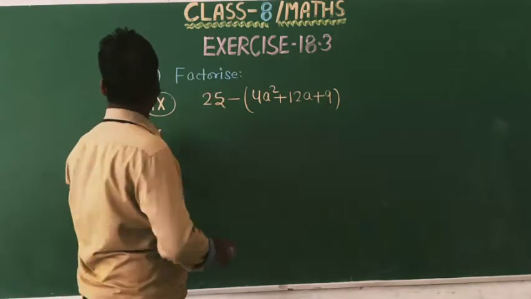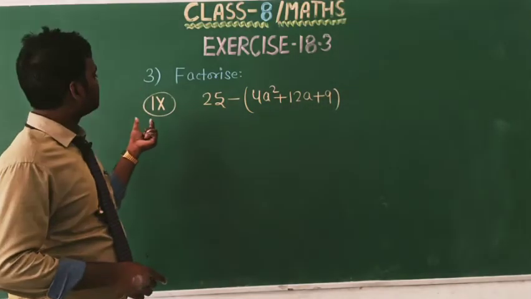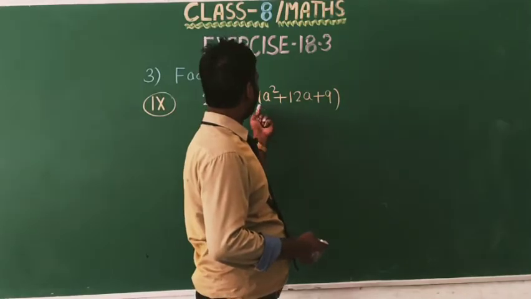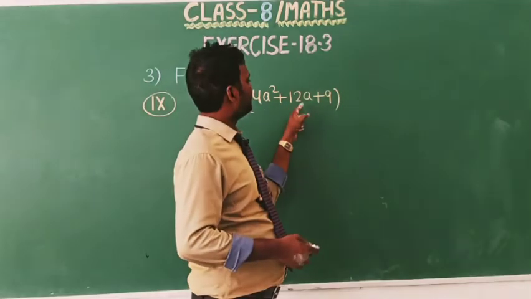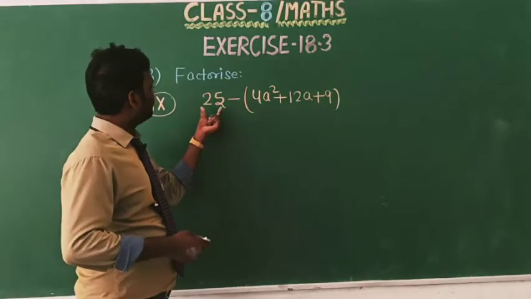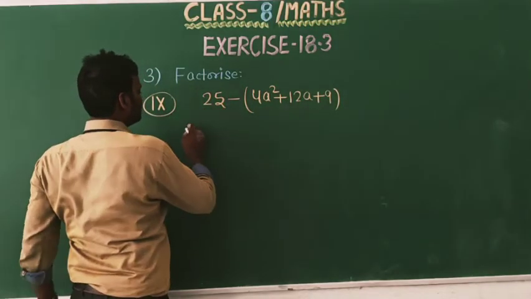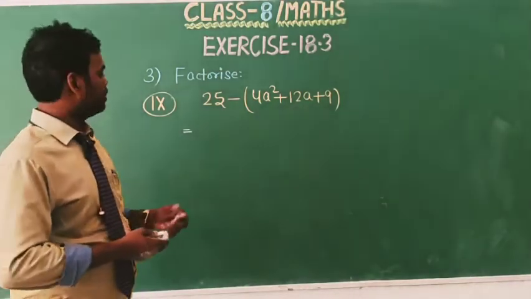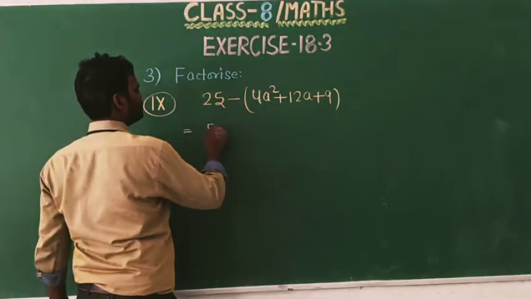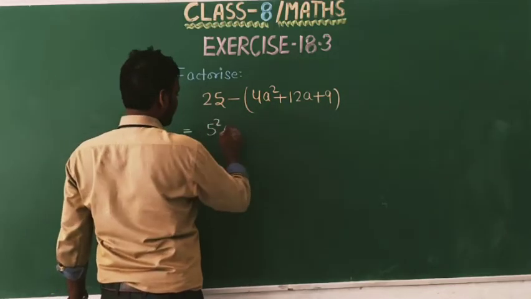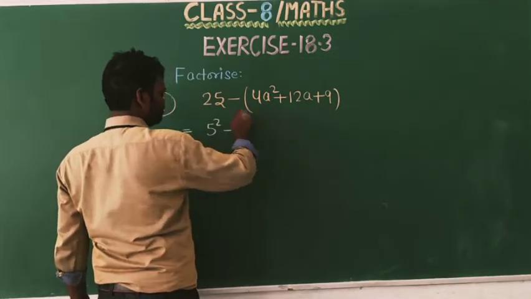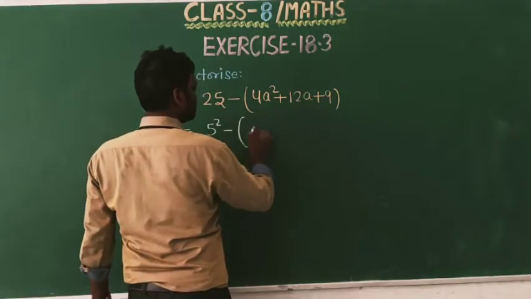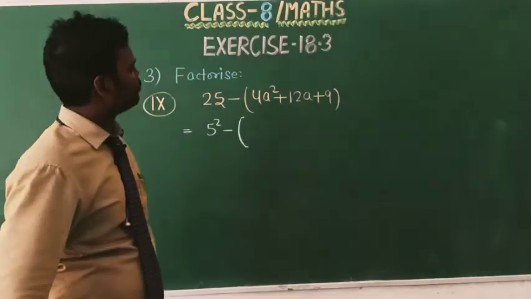Okay, dear children, this is the 9th part of question number 3, 25 minus, and in another bracket 4a square plus 12a plus 9. Okay, so the first part 25 is a perfect square, so it is written as 5 to the power 2 minus, and the second term is 4a square plus 12a plus 9.